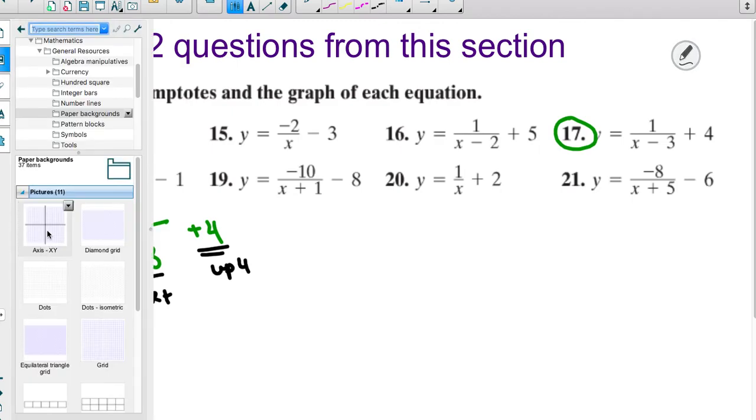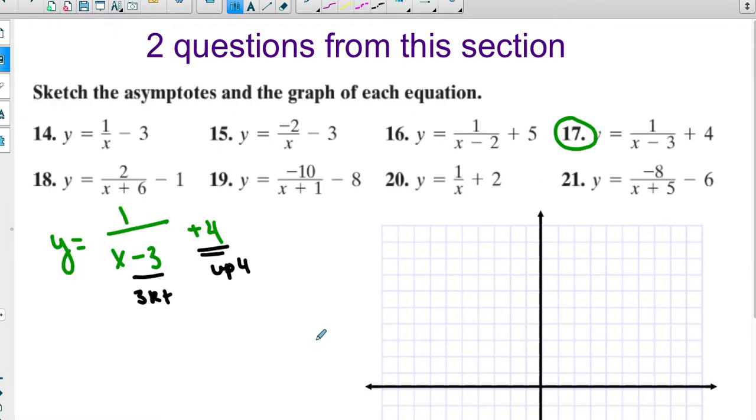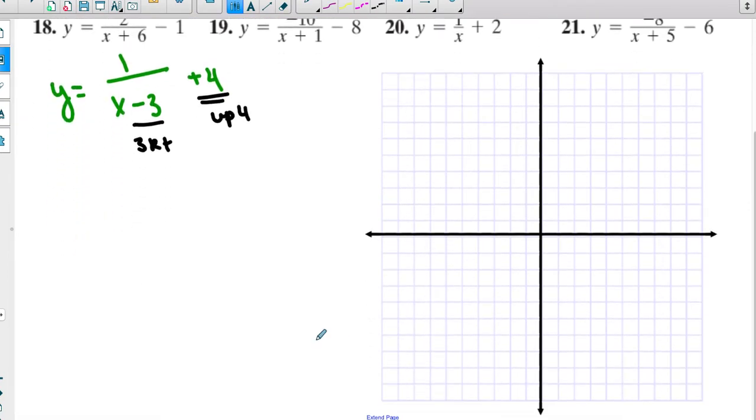All right, let me get a graph in over here just to help make things a little bit easier on both of us. All right, so now what I'm going to do is create a t-chart, and I'm going to use this to my advantage. So we're going 3 to the right, correct?